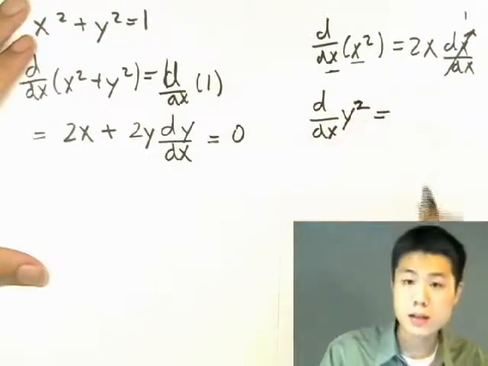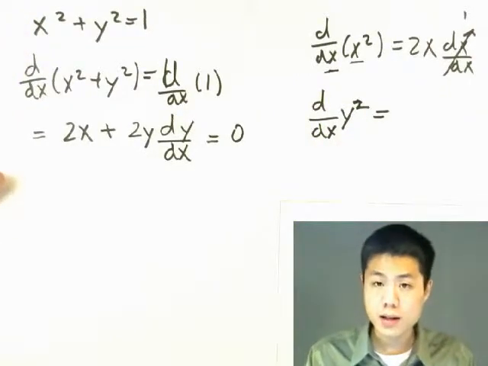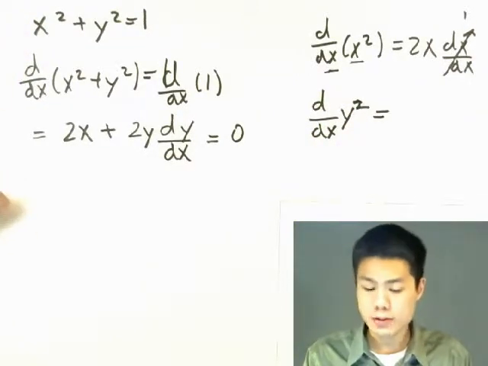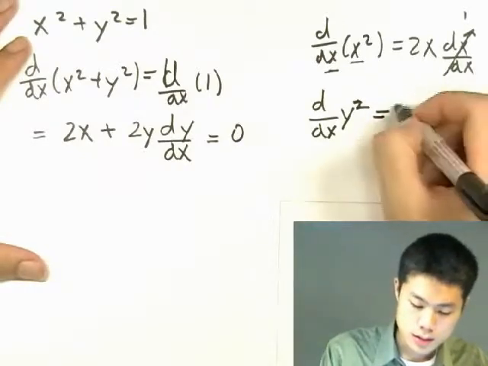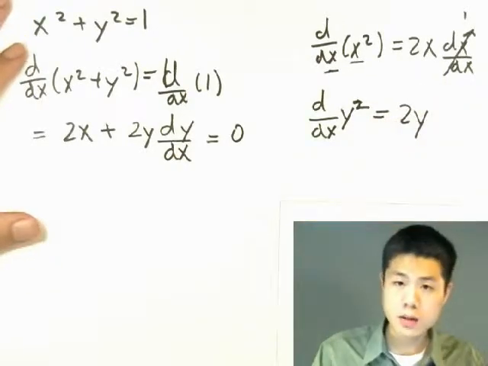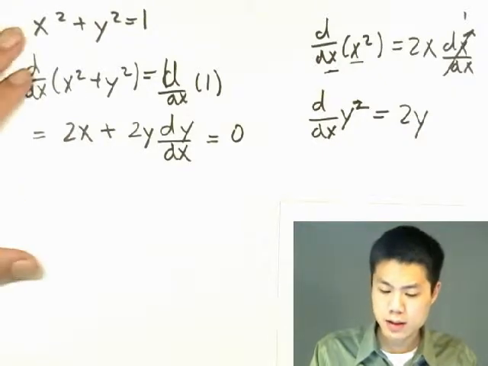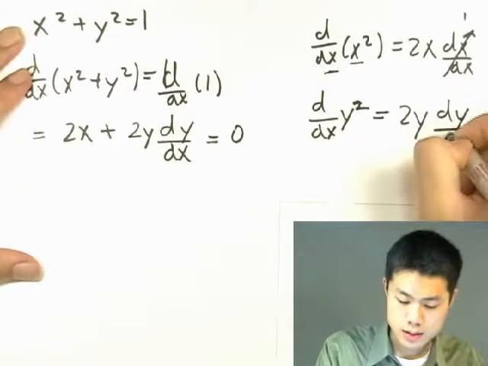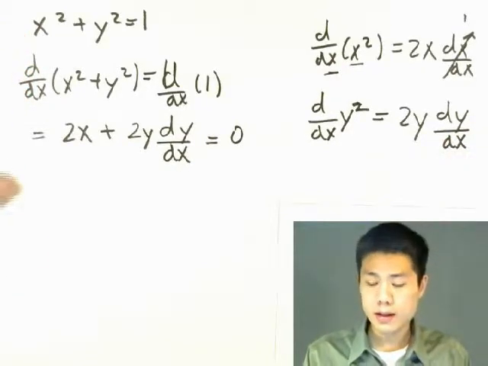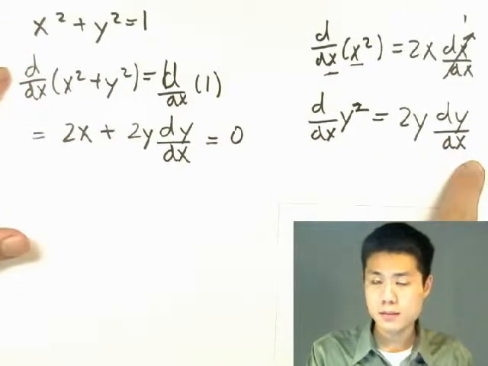However now, this is not. So the derivative of y squared with respect to x is not in terms of the same variable. So we apply the chain rule. We take the derivative of the outer layer first, and then we plug this thing in. We add this thing to it.